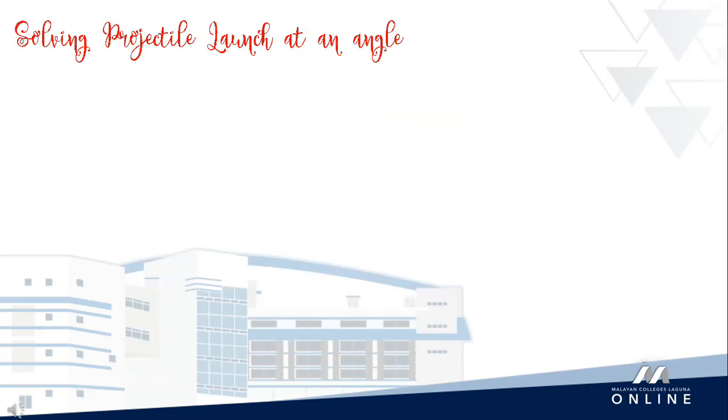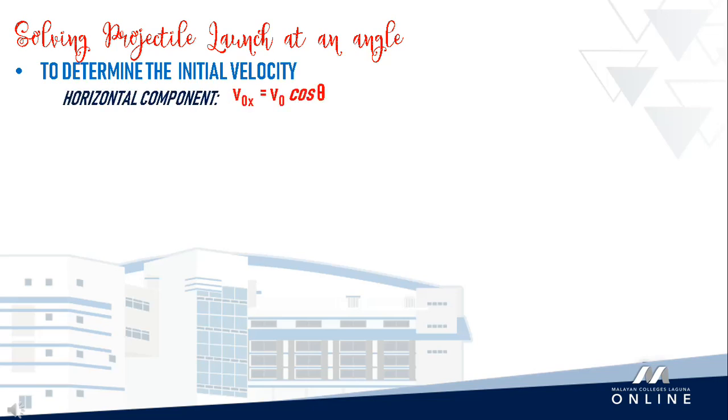In solving problems that concern projectiles launched at certain angles, the initial velocity is represented by the magnitude, initial speed v sub 0, and its angle with the positive axis. With this, we can say that the horizontal and vertical components of the initial velocity are v sub 0x is equal to v sub 0 cosine theta, and v sub 0y is equal to v sub 0 sine theta.